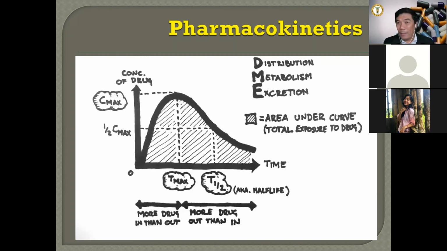because the drug itself already identifies that if, for example, for every 8 hours, the first drug had been administered at 12 noon, then after 8 hours, the next dose will be at 8 o'clock.